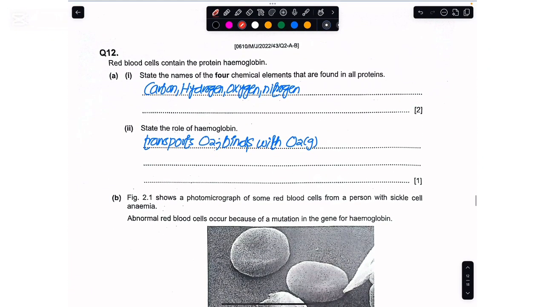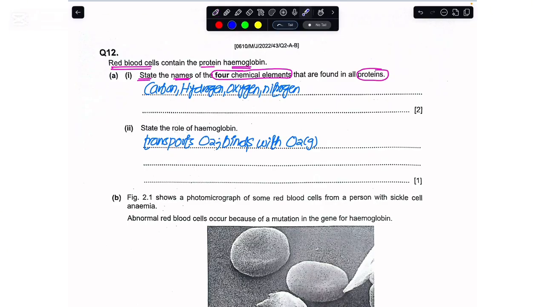If we move on to question number 12, they say that we have the red blood cells and they have the protein hemoglobin in them. And they are asking you to state the name of four chemical elements. You don't have to write the symbols. You have to write the name of four chemical elements that are found in the protein. So we know that proteins have carbon, hydrogen, oxygen.